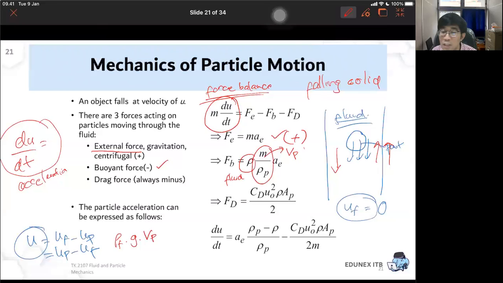And then the last one is the drag force. The direction is also upward because it's the resistance experienced from the fluid. So for the drag force, you can use the formula of the drag force. You calculate the drag coefficient first. How about UO? UO is the slip velocity. Because UO is the slip velocity and the velocity of the fluid is 0, UO will be the velocity of the solid.